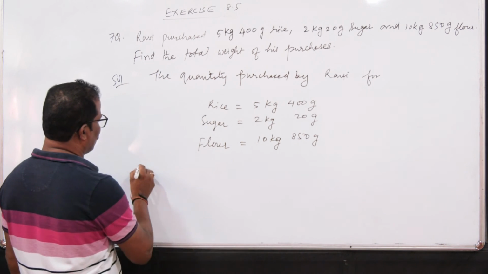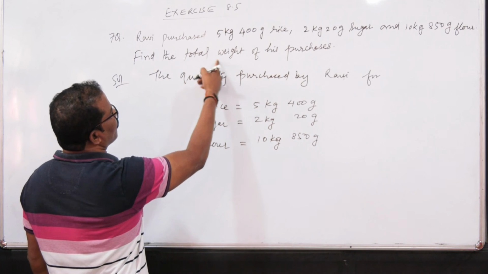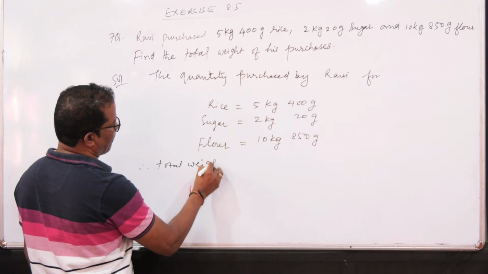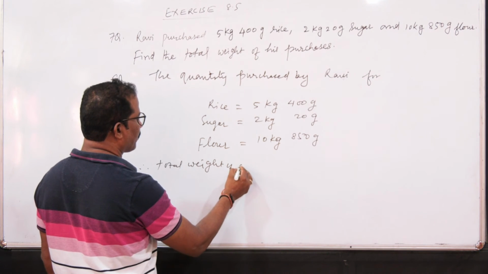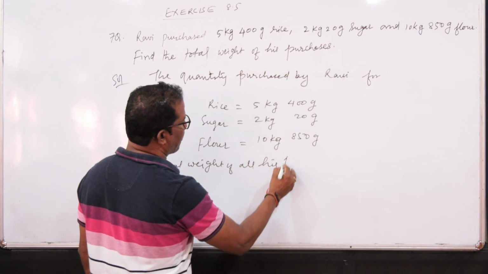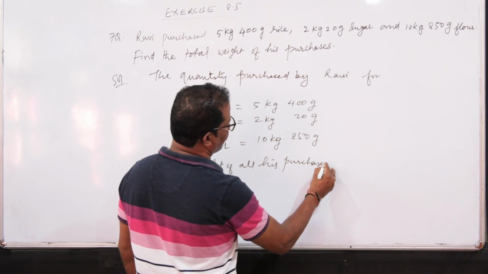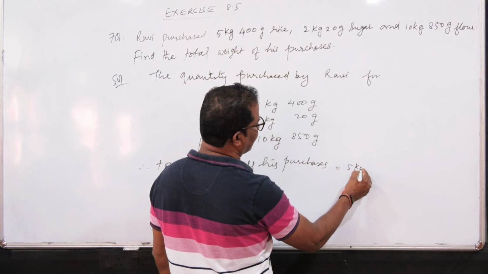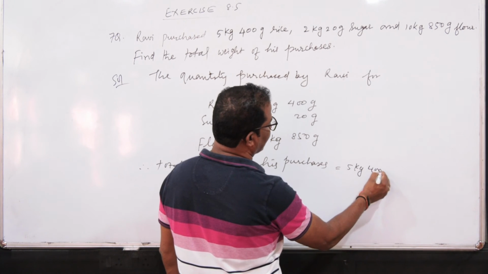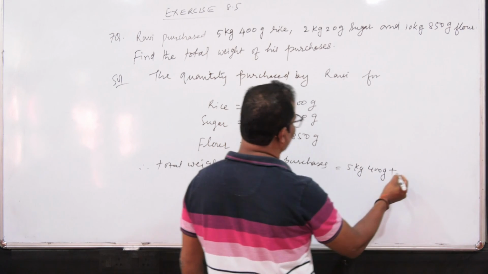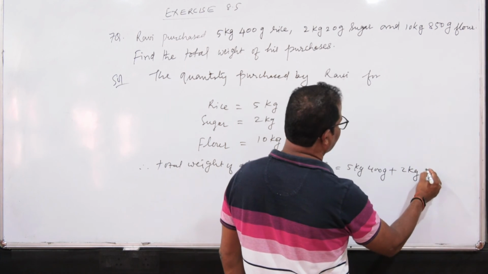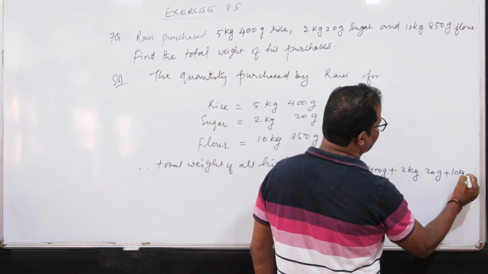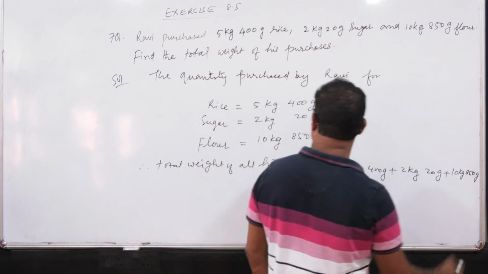Okay, so the total weight of all his purchases is equal to, first 5 kg 400 gram for rice, then for sugar 2 kg 20 gram, and for flour 10 kg 850 gram.